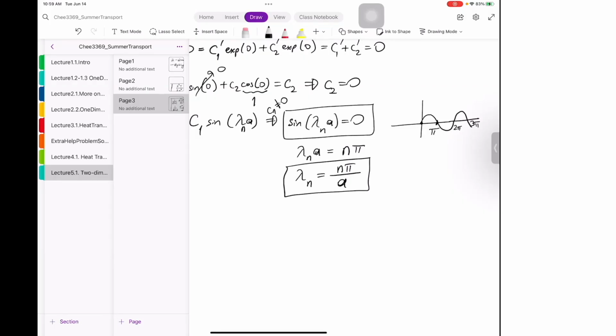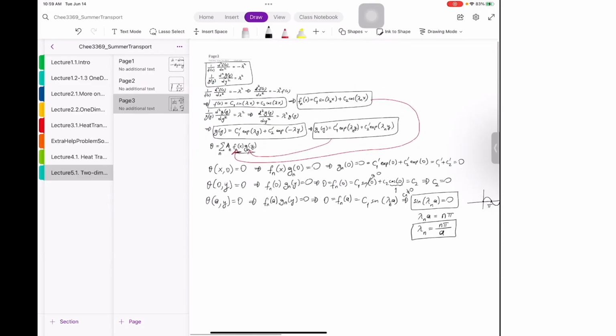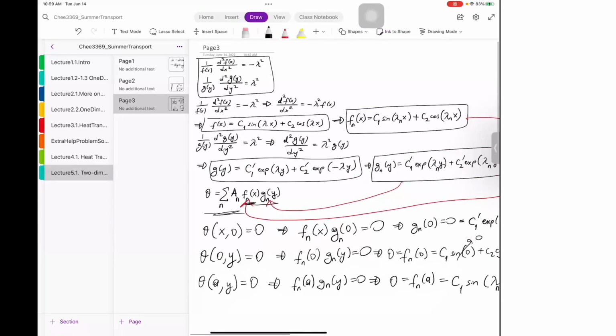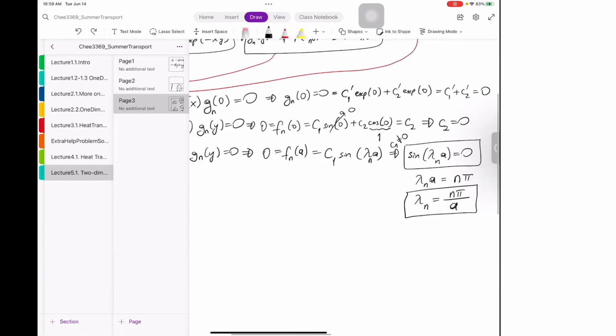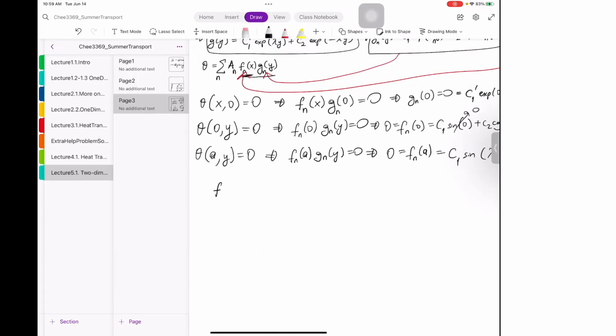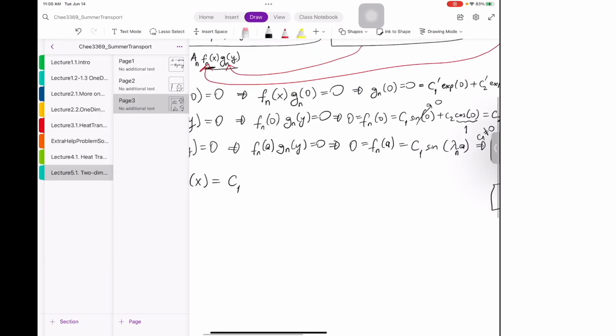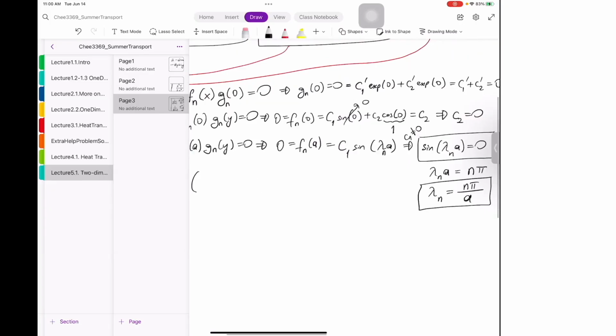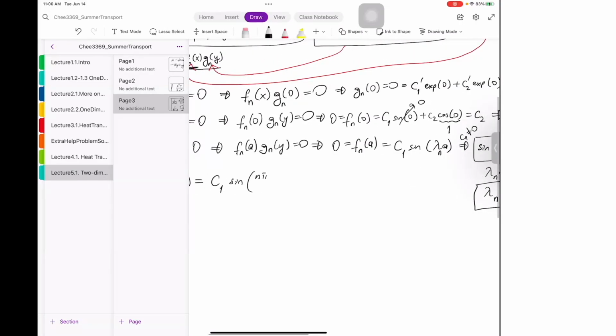So you basically not only solve for a general f of x, but you also found out how f_n would be discretized, could be written in terms of integers, which is going to help us sum over these n numbers. Okay. So your f_n should look like C1 times sine of n pi over a times x.